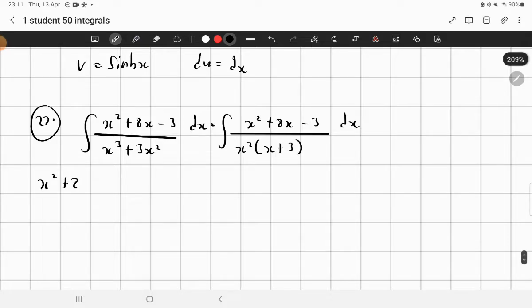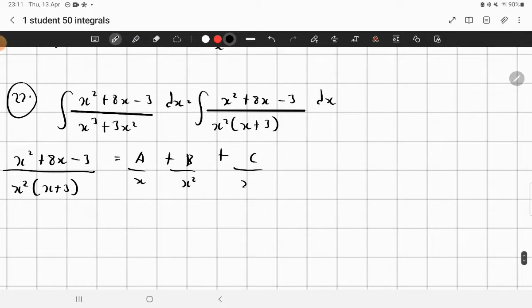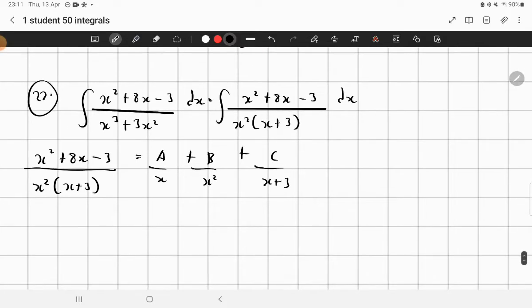It's a repeating linear factor, and the other linear factor here, so x power 2, x plus 3. This will be a over x, building on the powers, b over x squared, plus c over x plus 3. By using the cover up method, the only terms I can use it for are these two.